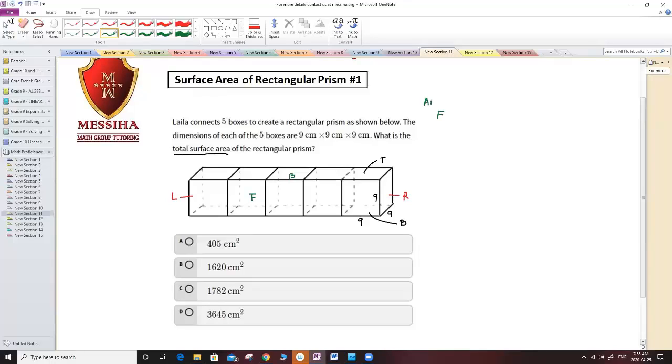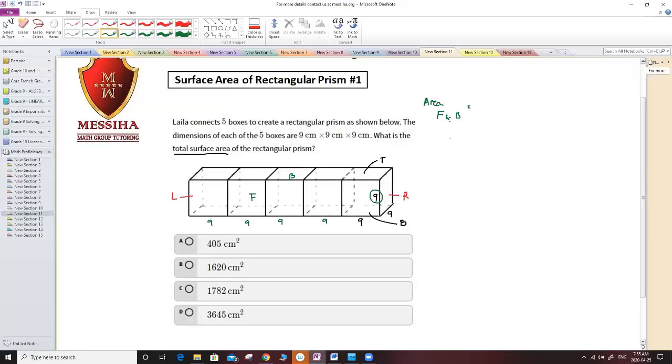So area of front and back equals this front. The height is 9. But if I add all these dimensions together, it's going to be 5 times 9, 45.